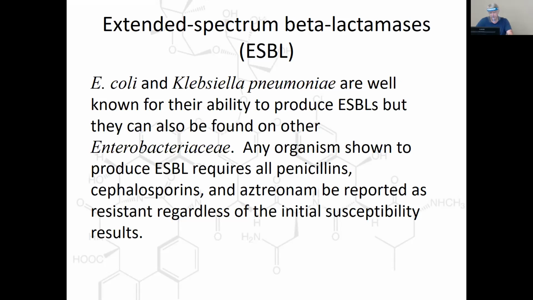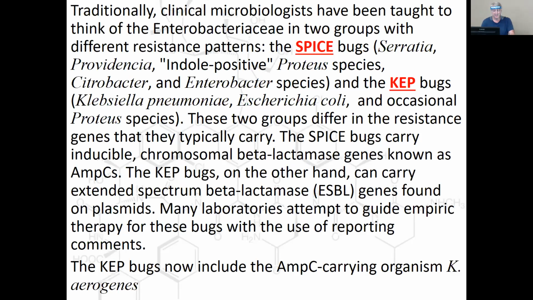If they look susceptible and they're not growing anything in those wells, if you come up with an extended spectrum beta lactamase, you have to switch all those to resistant. It's just what you have to do. Does that make sense? Because it's not going to be long before they are. So that's why we do it.